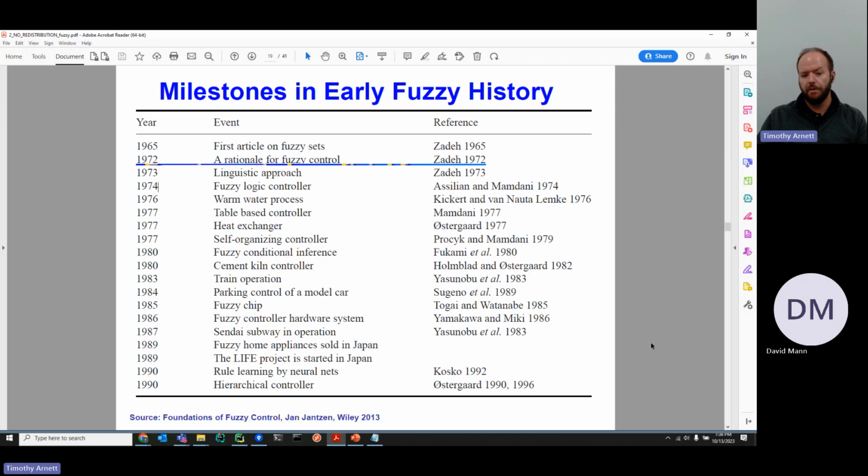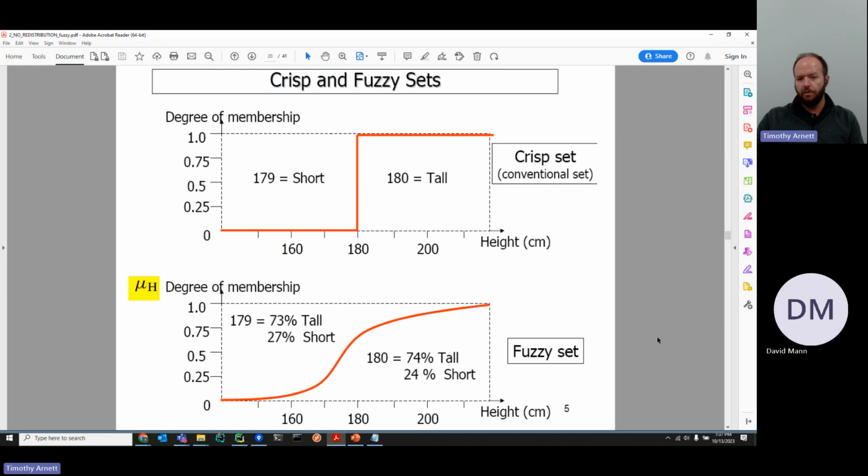And they didn't have to have a model of the entire process, a precise mathematical representation. They could immediately implement this control system just using what they already knew, and then doing a few tweaks and testing, and they were able to make very, very high quality and effective rice cookers using fuzzy.